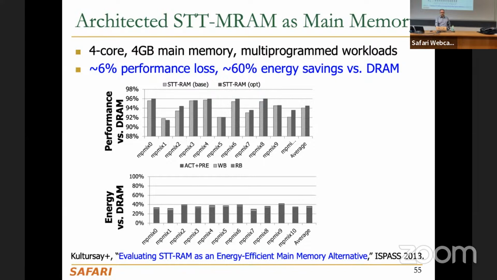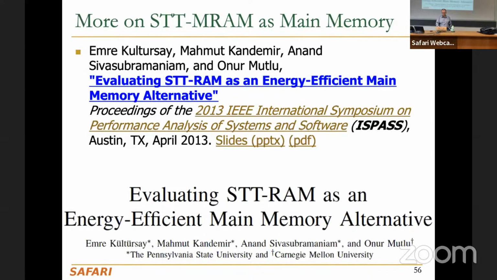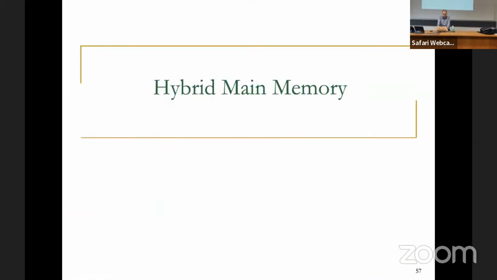So that's why STT-MRAM has some potential to replace DRAM. But at the same time, the problem, as I said, is its density and its reliability. So it's still not clear. And you can check this paper for more detail as well.